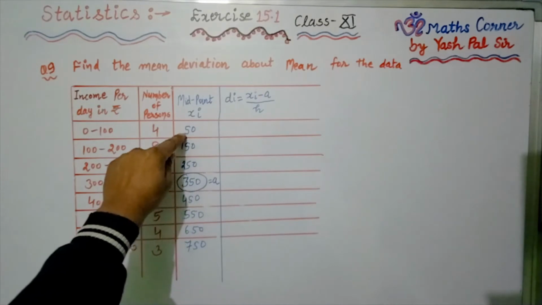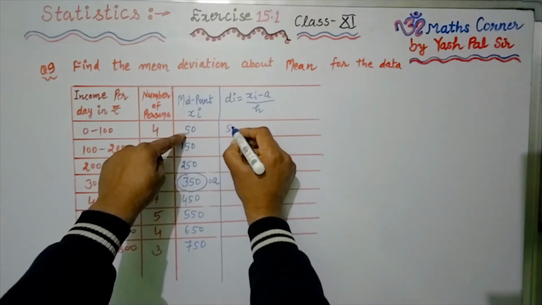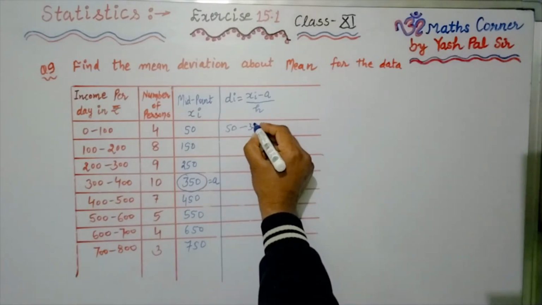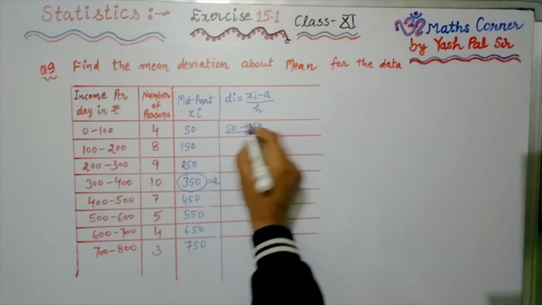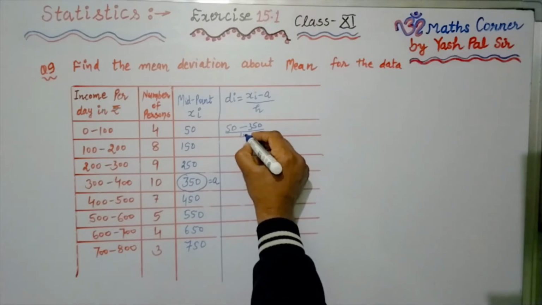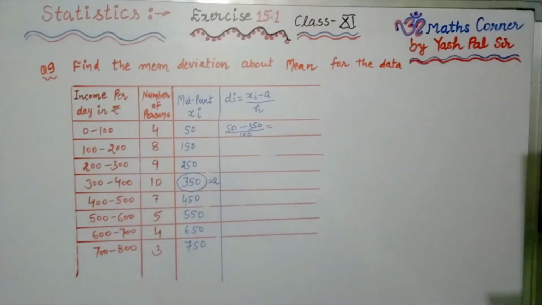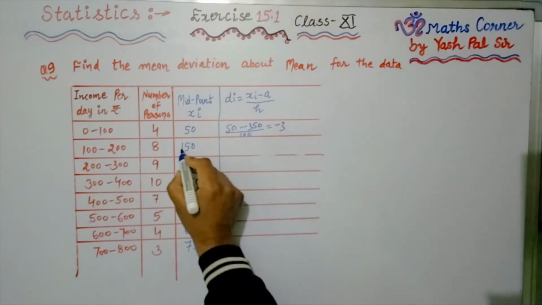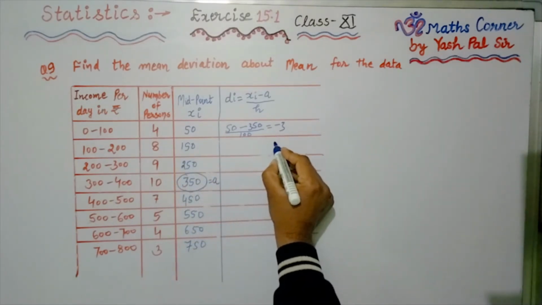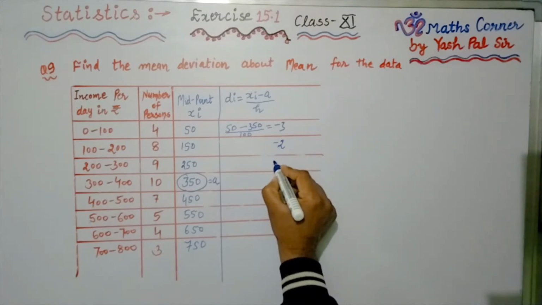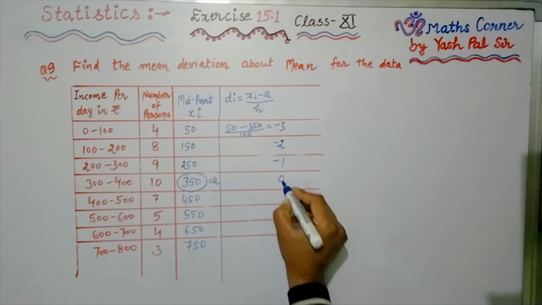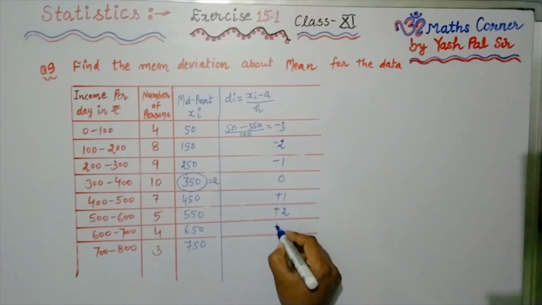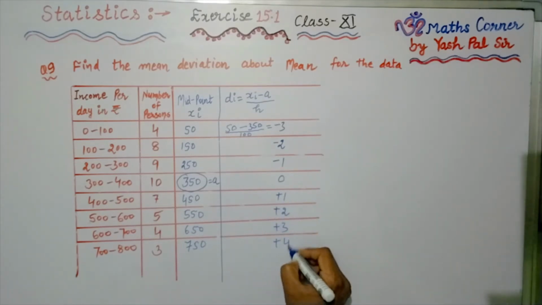So what is xi? 50 minus assumed mean, which is 350, whole divided by h. H is 100. And what is the answer now? This is minus 3. Likewise, here we shall get minus 2, next minus 1, next 0, next plus 1, next plus 2, next plus 3, next plus 4.